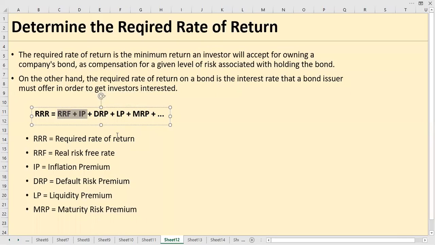If it is Sri Lanka, the real risk-free rate and inflation premium are applicable for every bond in Sri Lanka. But default risk, liquidity premium, and maturity risk premium will change from bond to bond. So that's how you get an understanding about the required rate of return of a particular security, a particular bond, right?